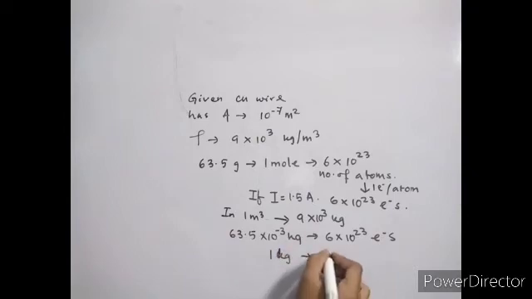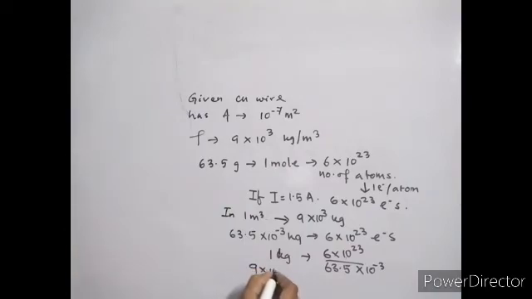So 1 kg will contain how many electrons, or will contribute how many electrons? So that is unitary method, that is 6 times 10 to the power 23 divided by 63.5 times 10 to the power minus 3. So 9,000 or 9 into 10 to the power 3 kgs will give how many electrons? So that is 6 into 10 to the power 23 divided by 63.5 into 10 to the power minus 3 times 9 times 10 to the power 3.